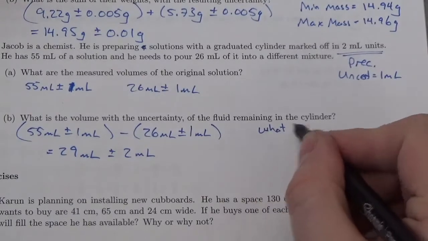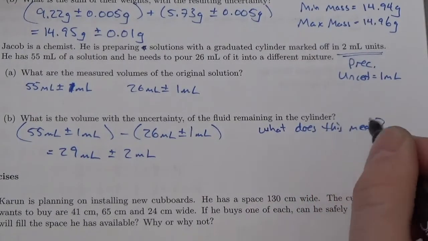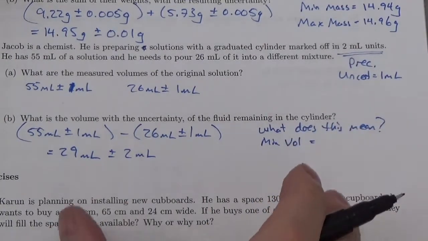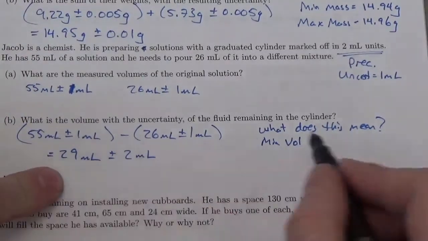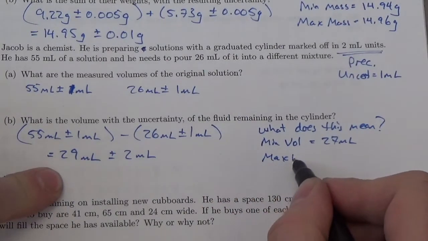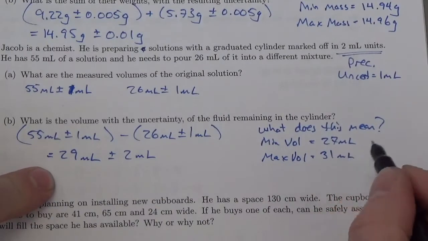What does this mean? Well, that means that the minimum volume that could be left in that cylinder after I poured that off could be 27 milliliters. Whereas the maximum volume that might be left in here, if I add that on, could be 31 milliliters.